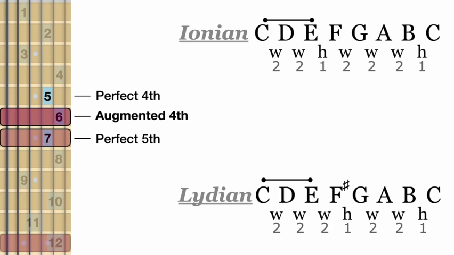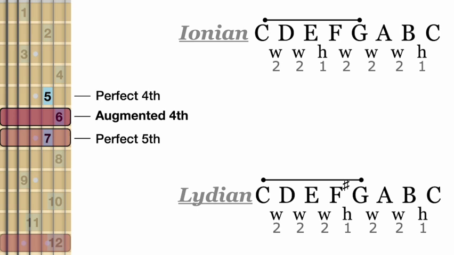But we talked about tritones, right? We also need to evaluate the fifth of each chord. So here, when I evaluate the fifth, if you look from C to G in both Ionian and Lydian, you may right off the bat be thinking, whoa, there has to be a difference there because you have an F sharp. But count the number of frets from C to G in both Ionian and Lydian, and you'll see, even though they're rearranged, it's still 7 frets.